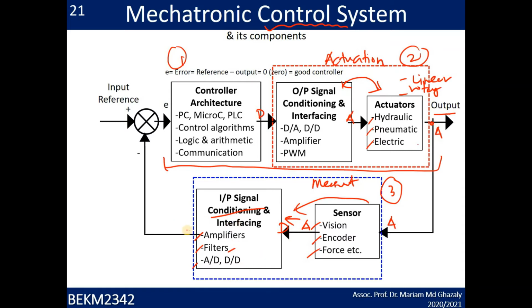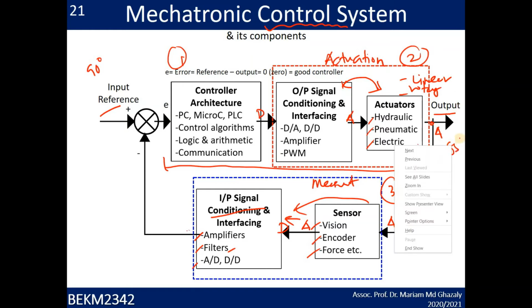Okay, so based on here, if your output is not the same as the reference, you are going to compare it with the input reference that you set at the beginning of the system. So for example, if you want to control the motor at 90 degrees, and your output here is 85 degrees, meaning, what is the difference here?